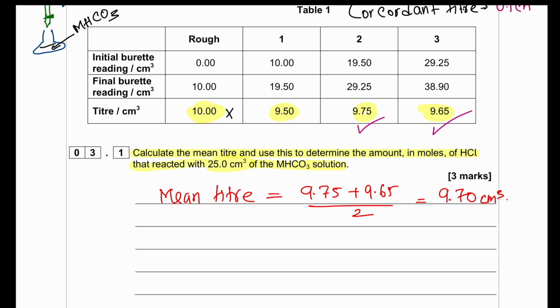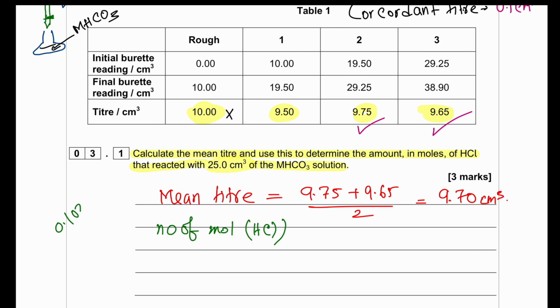Now we have to calculate the number of moles for HCl. The HCl concentration is mentioned to us as 0.102 mole per dm3. So to find out the number of moles, we will do volume multiplied by concentration. Now the volume for us is 9.70.